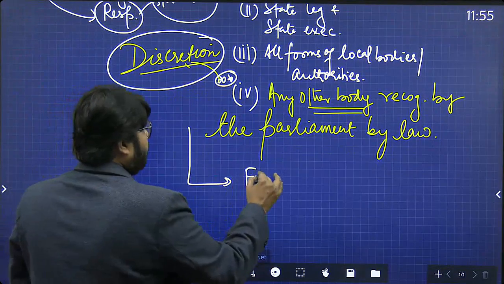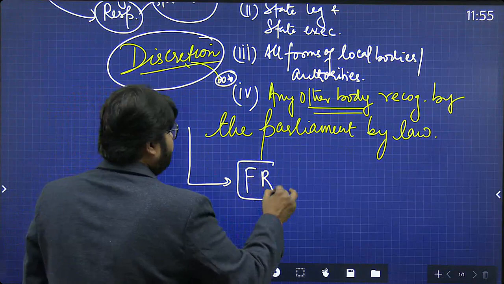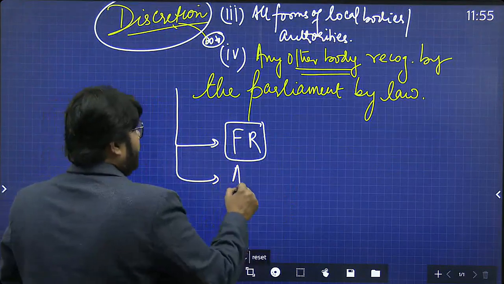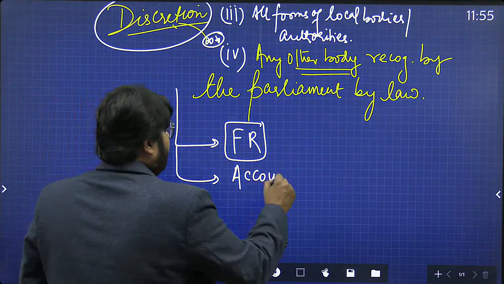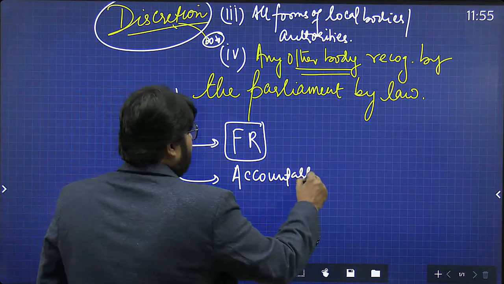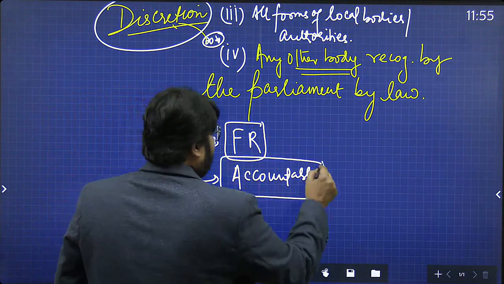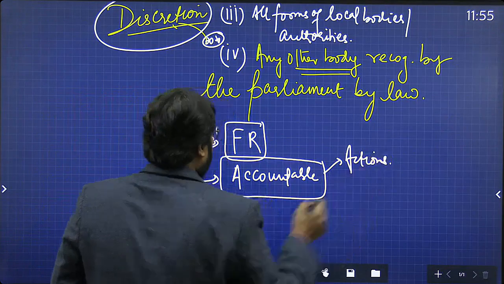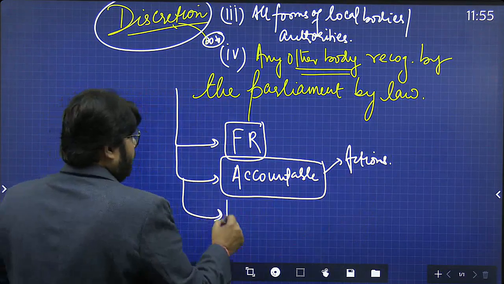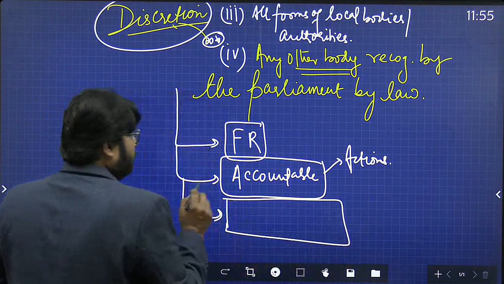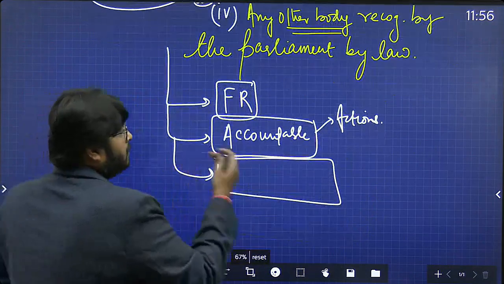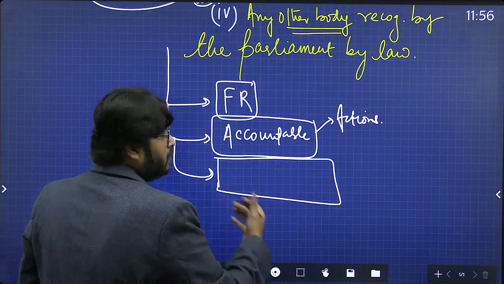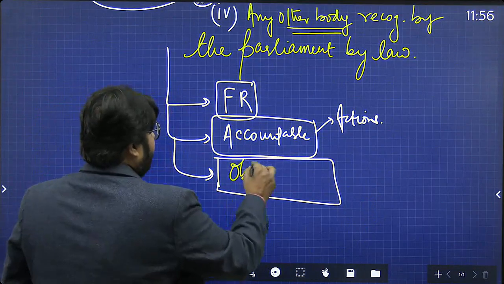Obviously to enforce the fundamental rights, to make the entities accountable for their actions, right? Then it is also very important to implement certain laws, their obligations towards the citizens, like RTI.